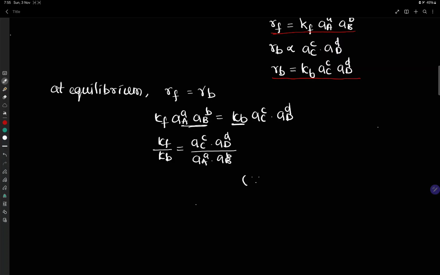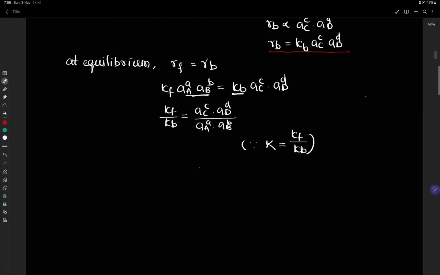Since equilibrium constant capital K is equal to the rate constant for forward reaction by the rate constant for backward reaction, Kf by Kb, we can write equilibrium constant capital K is equal to active mass of C power c into active mass of D power d by active mass of A power a into active mass of B power b.